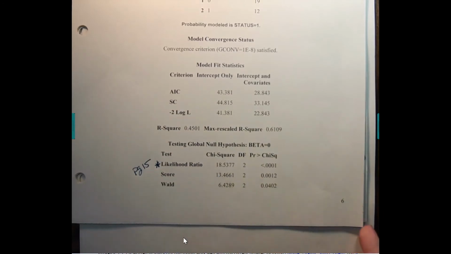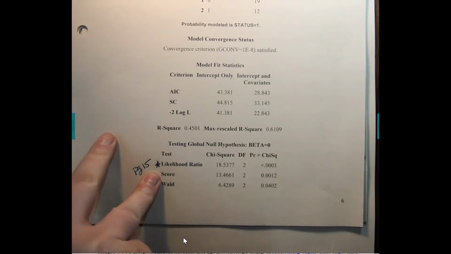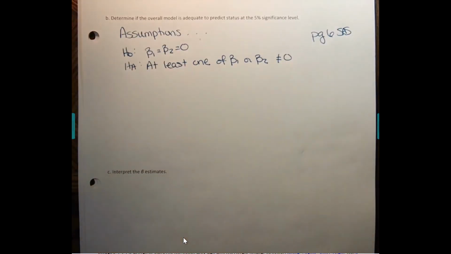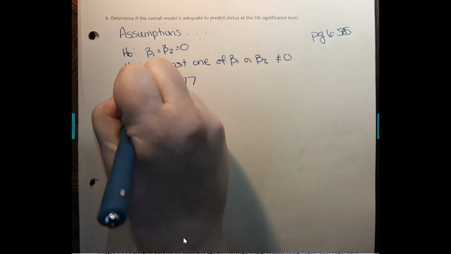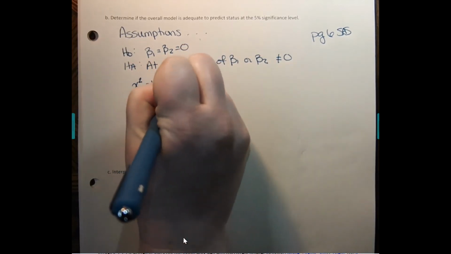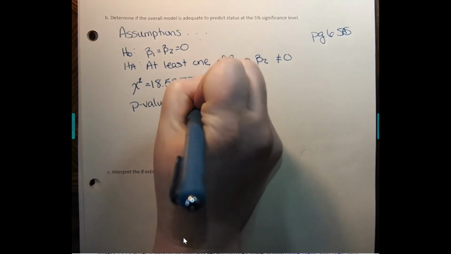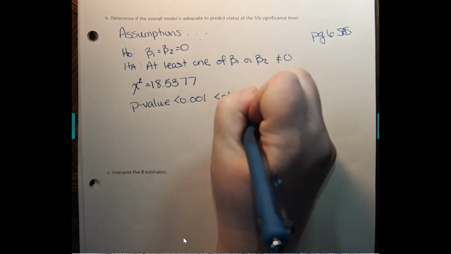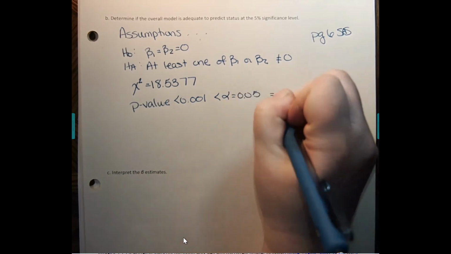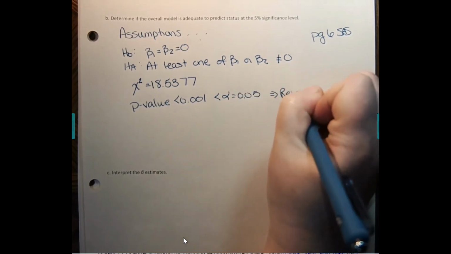Notice here our test statistic is 18.5377, and that results in a very small p-value. That is obviously less than alpha equal to 0.05, so we would reject the null.